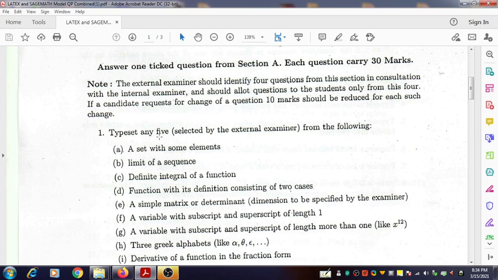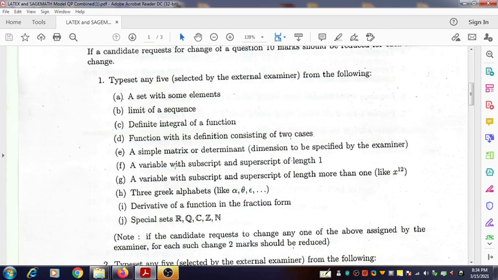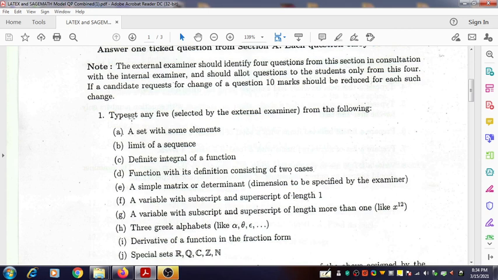Typeset any 5 selected by the external examiner from the following. So here you can see many questions are given. 1, 2, 3, 4, 5, 6, 7, 8, 9 and 10 questions are given in this single question. There are 10 sub questions. Out of these 10 sub questions, you have to answer 5 questions, and each question is very simple.